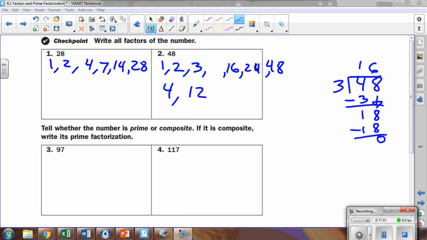Does 5 work? No. If we took 48 and divided by 5, we'd get 9 with a remainder of 3. Because we have a remainder, we know 5 doesn't work. One piece that students will frequently use, if you've got a multiplication chart handy, sometimes it's nice just to go across the lines of a multiplication chart.